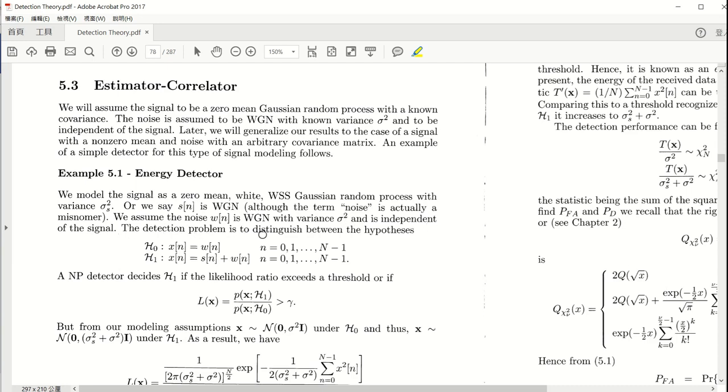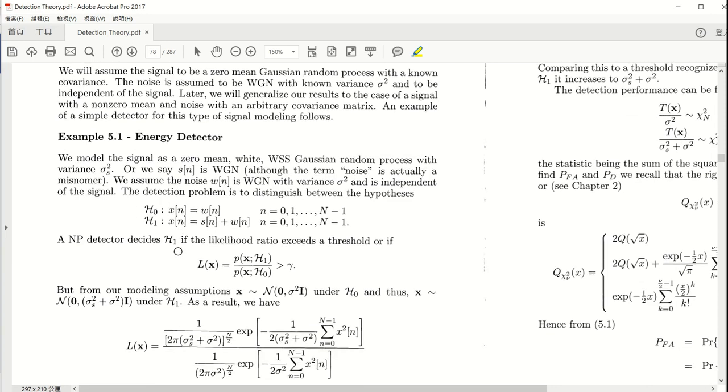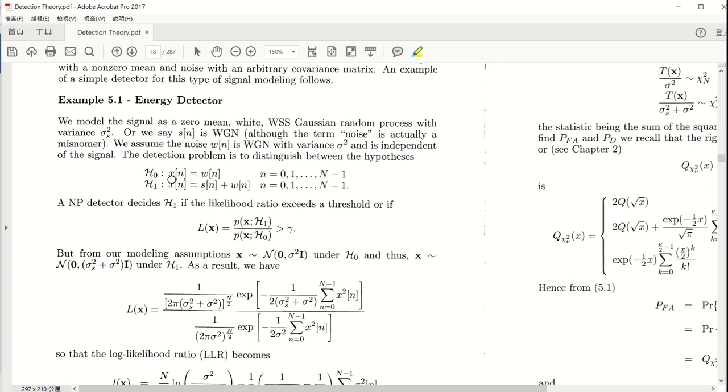The detection problem is to distinguish between the hypotheses H0 and H1. Under H0 we have the observed data X equal to W, which is the white Gaussian noise. And then we have H1 that has a signal in it, that is the signal S plus noise.